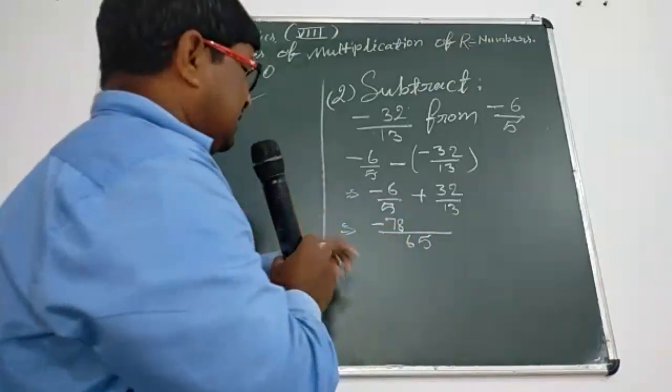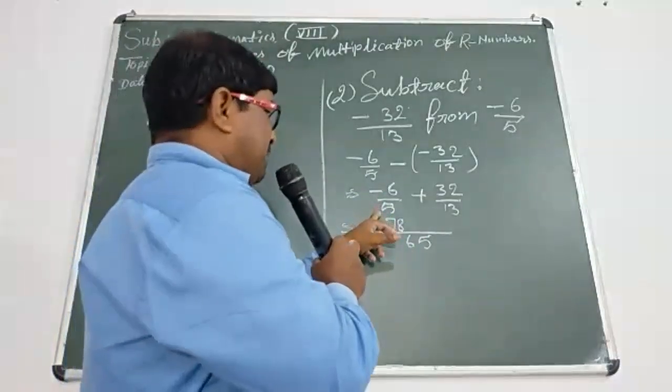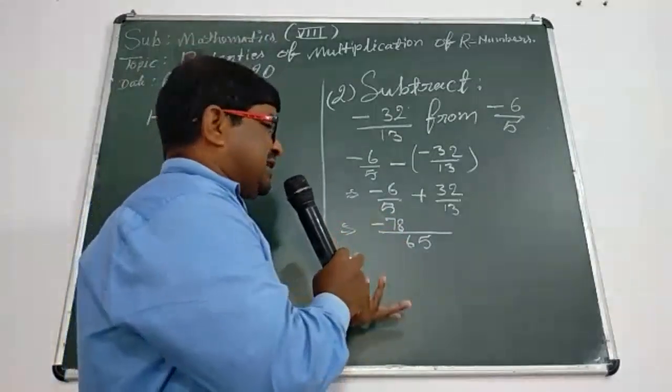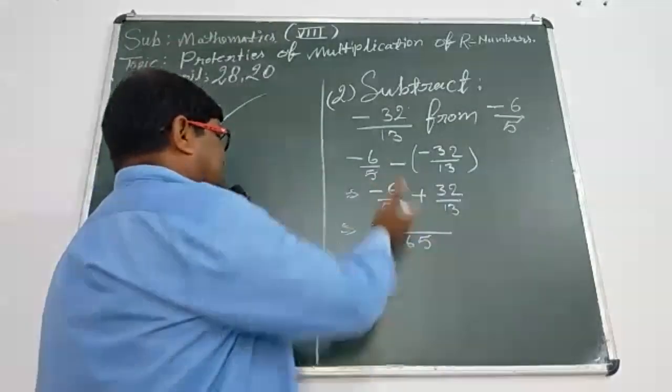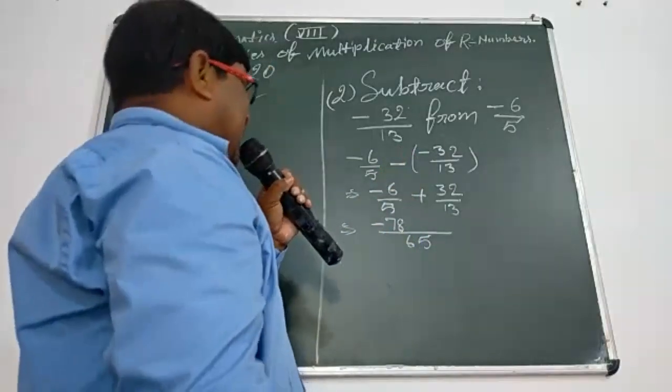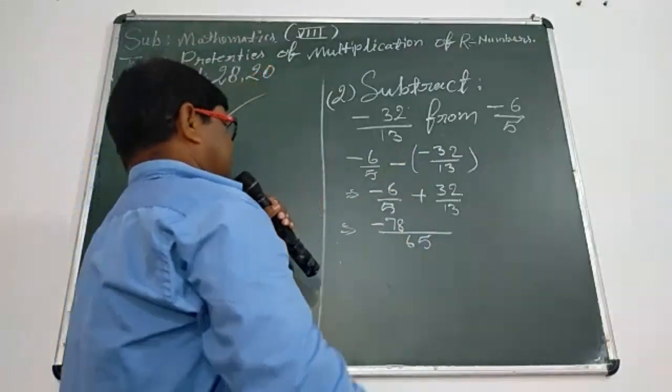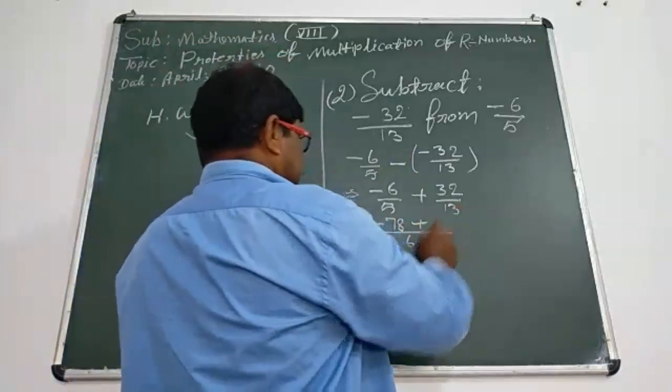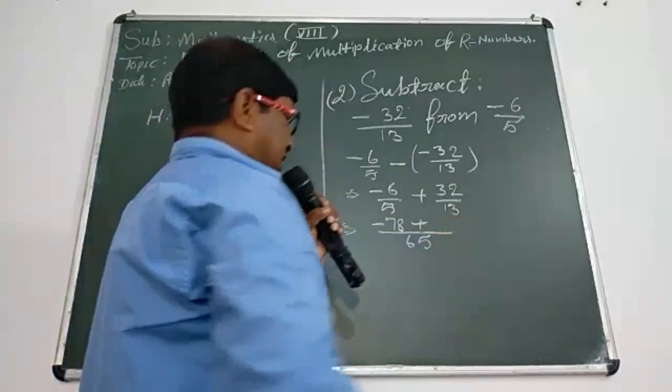Check the operation. Divide 65 by 5, you will get 13. Then multiply 13 with minus 6, 13 times 6 is 78.